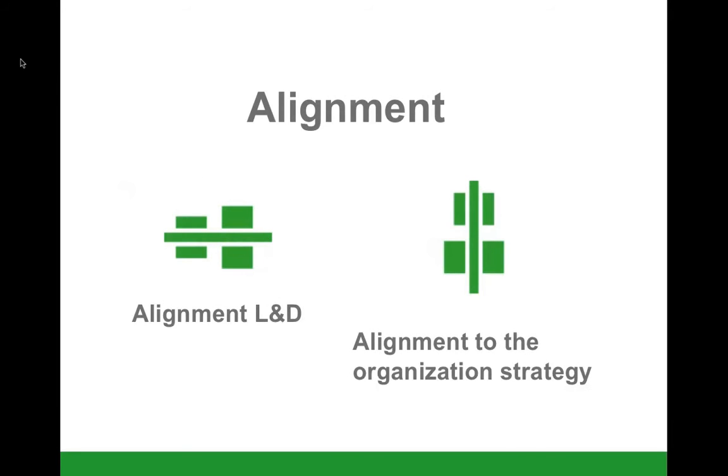So for me, the key to strategy is alignment. And by this I mean alignment to where the organisation's strategy is going, which then should filter down and flow into alignment to your L&D strategy. In a mature situation, you're probably working in a way where digital learning is just part of the learning and development strategy.